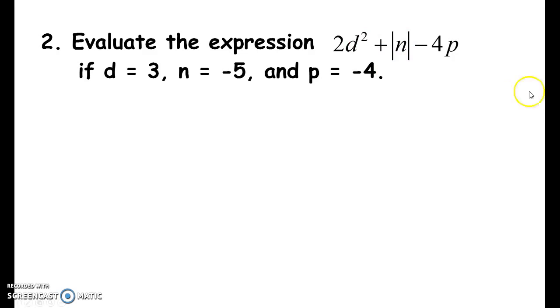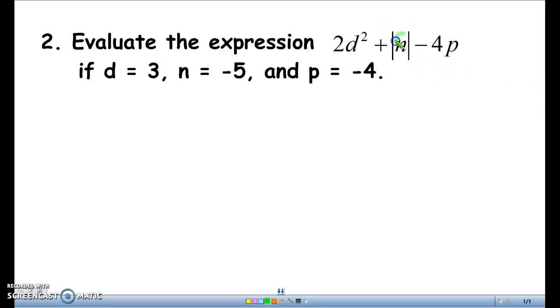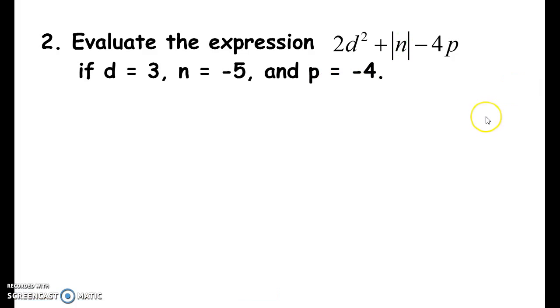There's a problem where absolute value bars show up on the test, and we don't really talk about it in CPM3 because it was talked about in CPM2. Absolute value is the distance a number is from 0, and distance is always positive. Okay? So let's go ahead and drop in our numbers, and I'll talk more about absolute value.